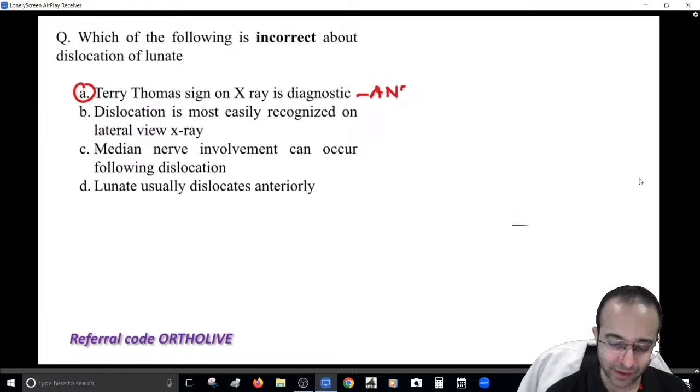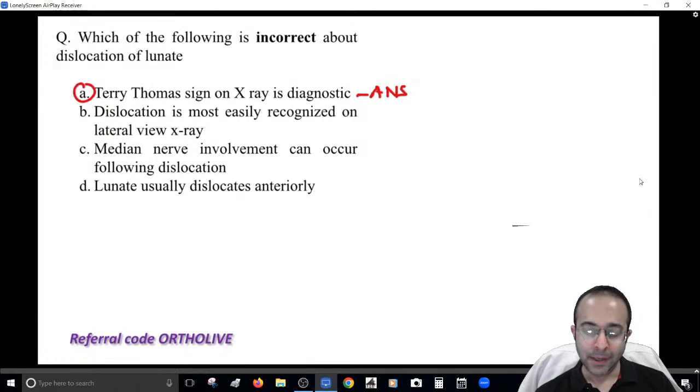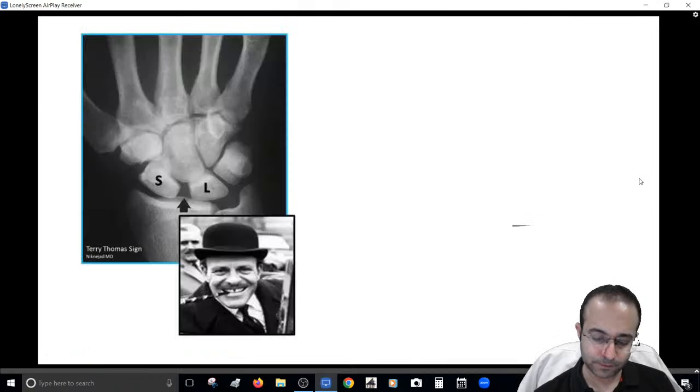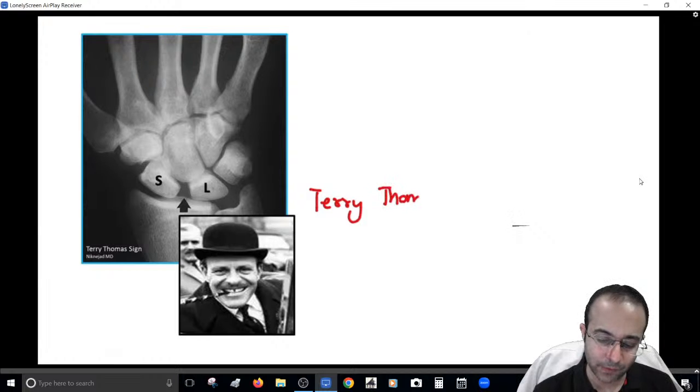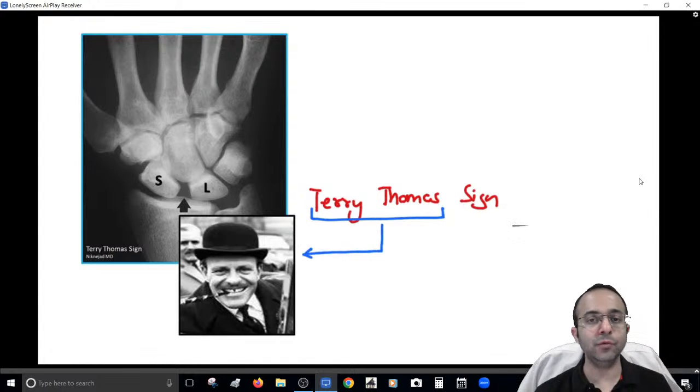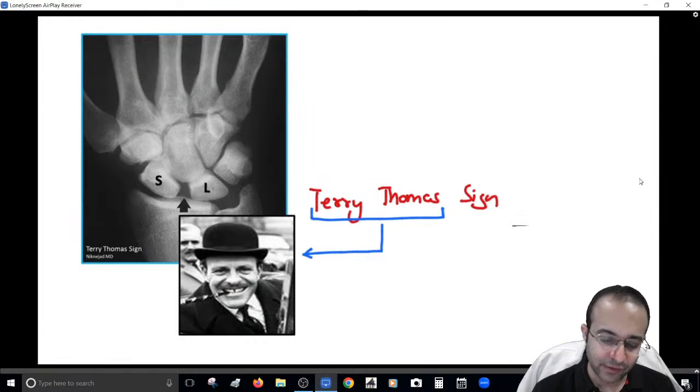This is the incorrect statement: Terry Thomas sign is diagnostic. Terry Thomas was a British comedian who had a gap between his two incisors. This is actually a very different sign.